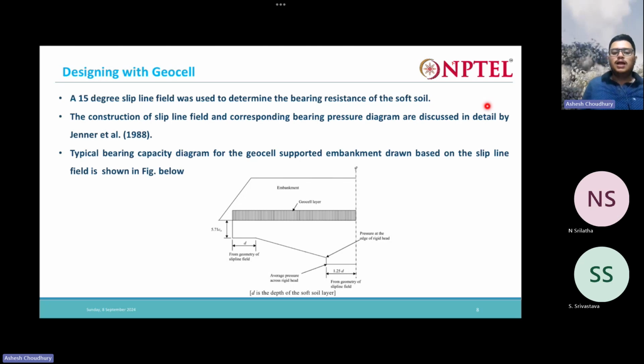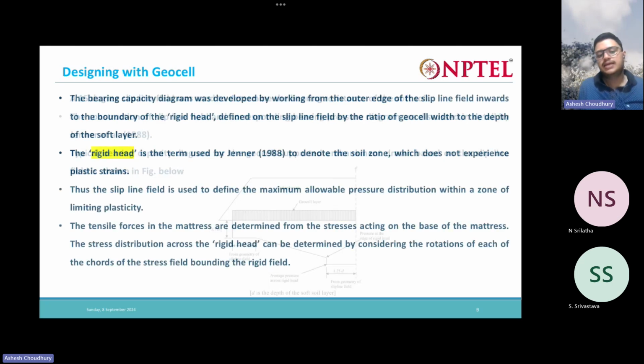All right. Now next we have the typical bearing capacity diagram for the geocell supporting embankment for the slip line field shown below. So here we see the embankment, and then we have the geocell layer. Now at the base of the geocell layer, we need to determine the bearing pressure that gets developed.